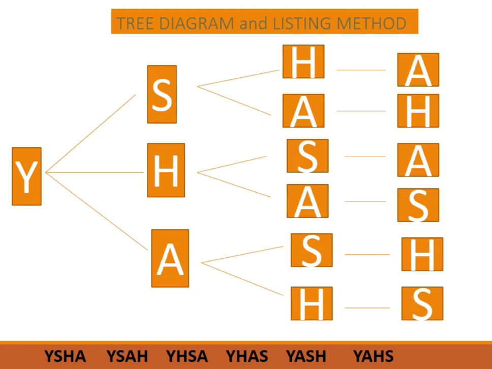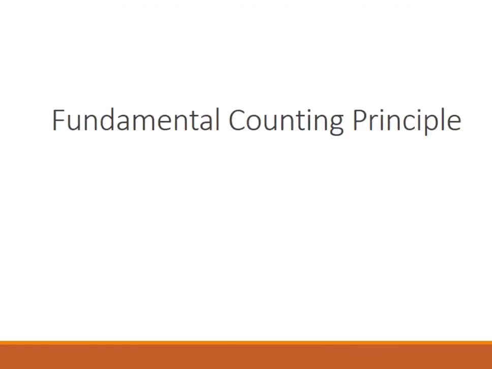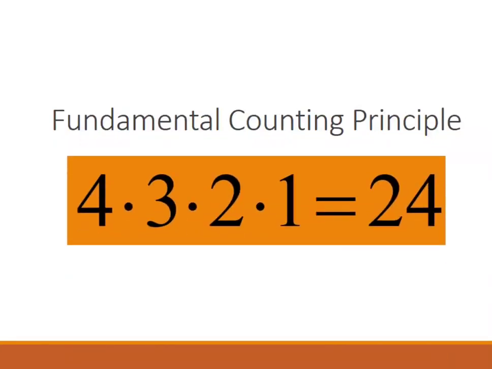Kung gagamitin natin ang fundamental counting principle at sinabi nating hindi pwedeng may maulit na letra sa isang password, we can solve this using 4 times 3 times 2 times 1, which is equal to 24. Bakit tayo gumamit ng 4 times 3 times 2 times 1? Meron tayong 4 na letters, di ba? Sa unang letter ng password, meron tayong 4 na pwedeng pagpilian.